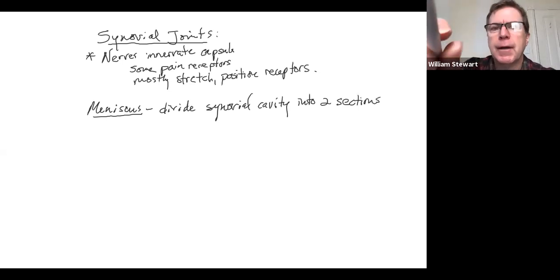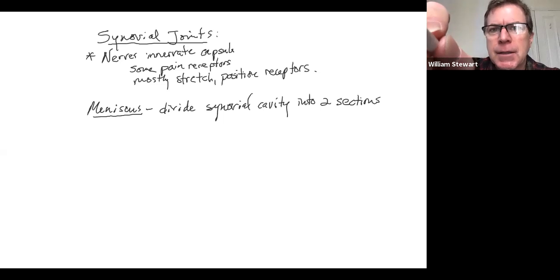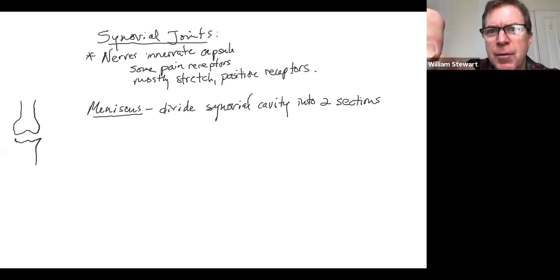So really quickly, there's a meniscus at the knee. I'm not going to draw the entire synovial joint, but if those are the femoral condyles, here are the tibial condyles, the top of the tibia. If we find a pad of fibrocartilage in there, which we have in the meniscus right here, that would divide the synovial cavity into a superior and inferior section.